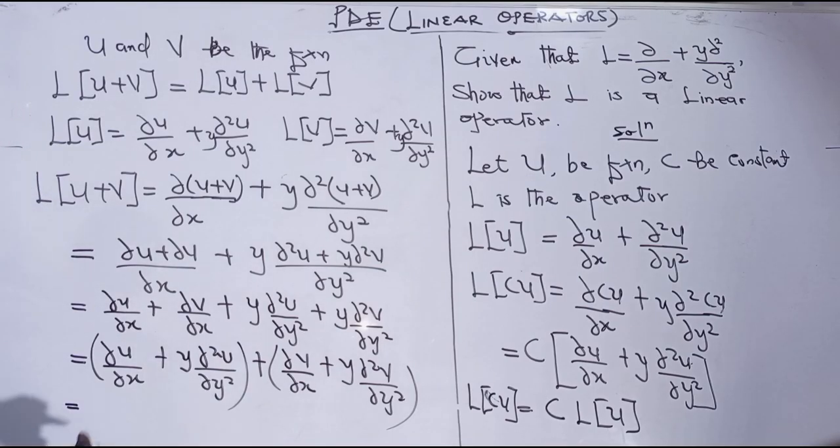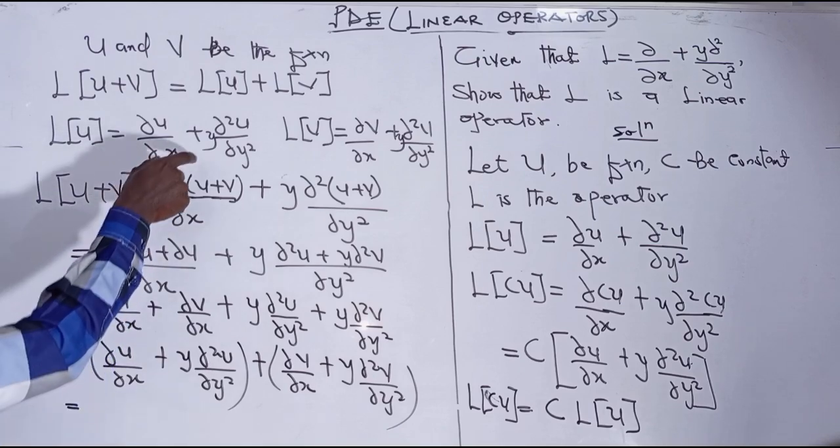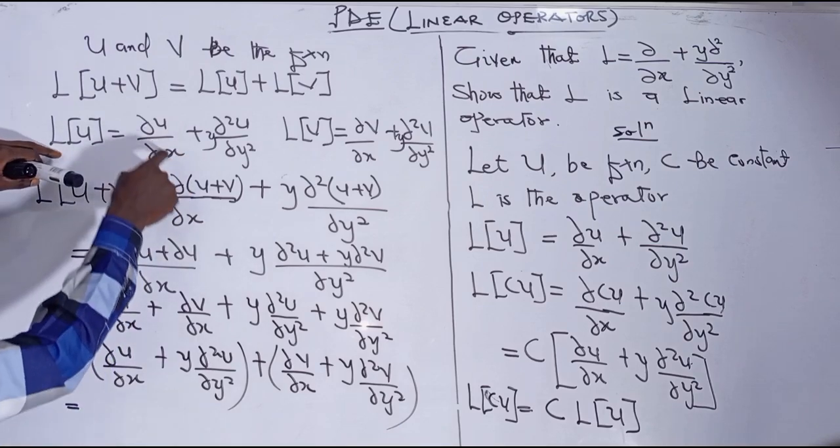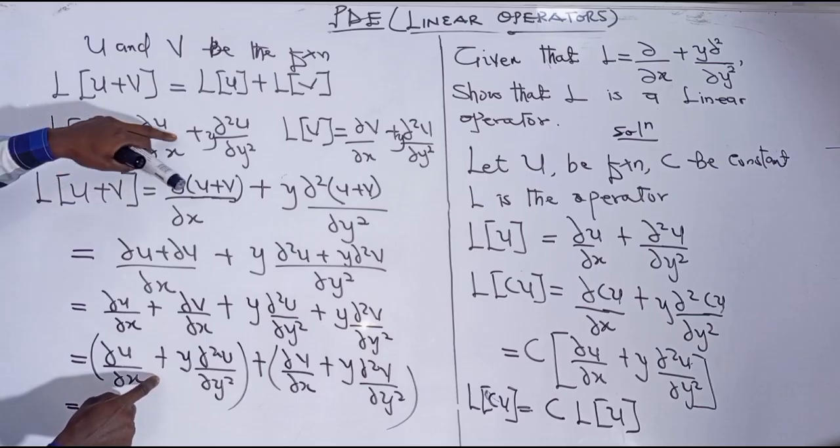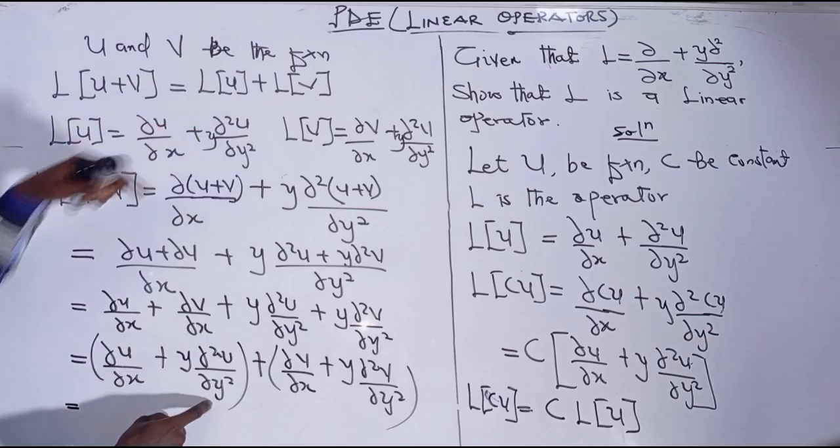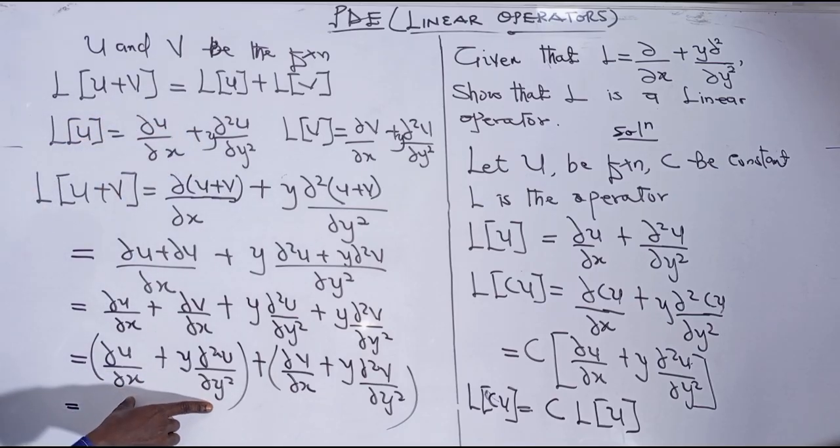So from here, you can see that what is in the bracket here is the same as what? LU. So LU, we are having ∂U/∂X plus Y ∂²U/∂Y². So in place of what is in the bracket here, we can write LU, L operating on the function U. We have our addition.